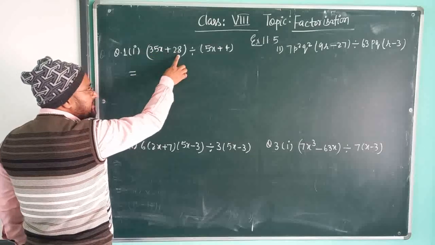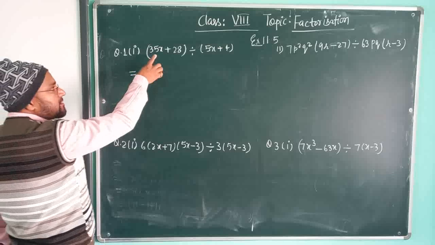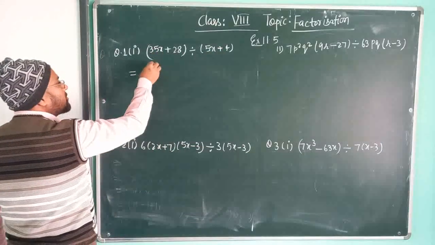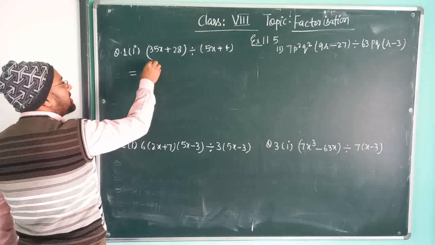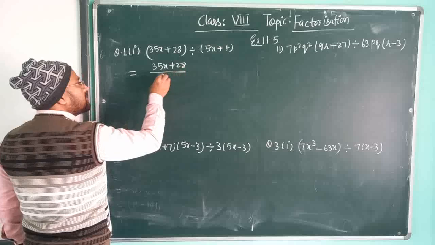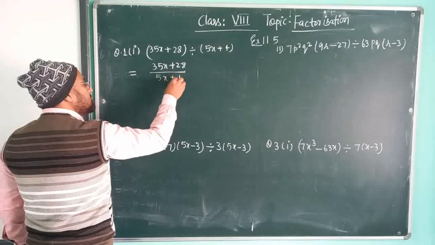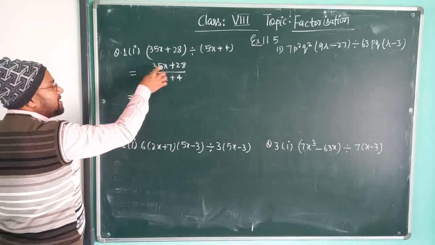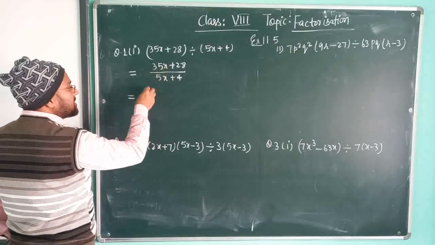35x plus 28. Question number first, the first part. 35x plus 28 divided by 5x plus 4. So I am going to write it in the form of a numerator and denominator: 35x plus 28 upon 5x plus 4. In the numerator you can see 7 is common.